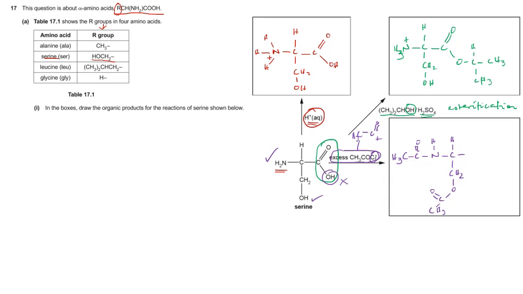So we've got our ester link being made there between the acyl chloride and the hydroxyl group, and the rest of the molecule is unchanged. So we just complete that like so, and so that would get you the remaining two of the 4 marks.